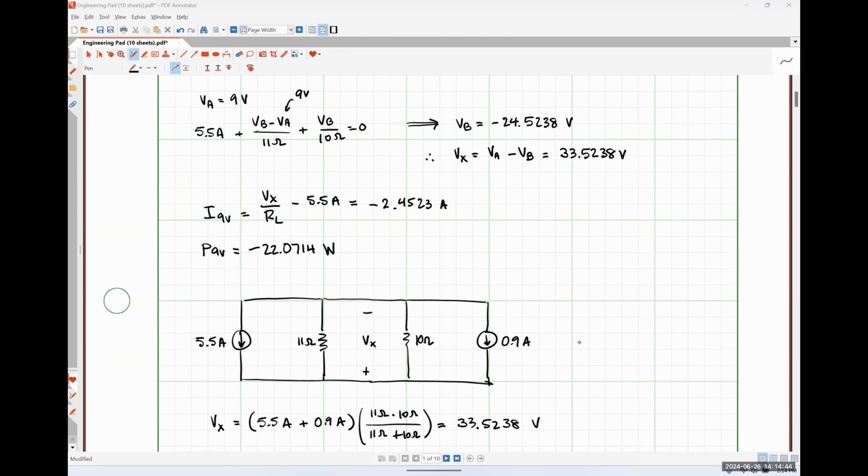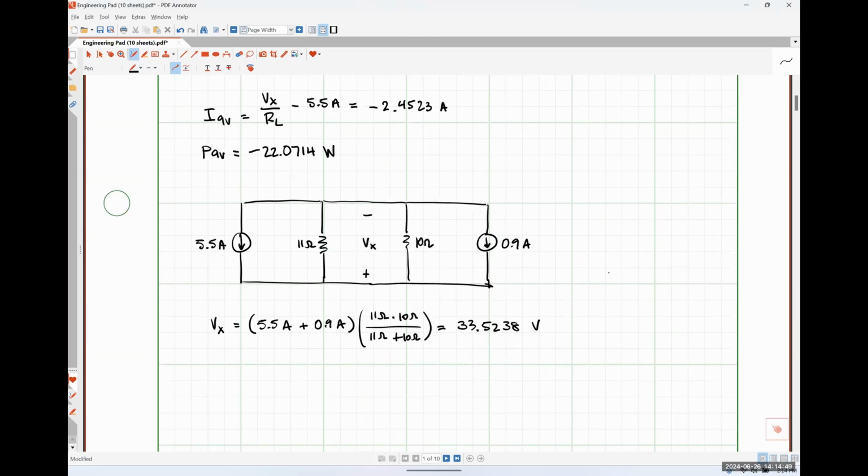All right, let me get back to this homework problem here. We're still now trying to find the power supplied by the new ideal current source, which is this current source over here. Luckily for us, since everything is in parallel, the voltage drop Vx that we just found is the voltage drop across that new 0.9 amp ideal current source.